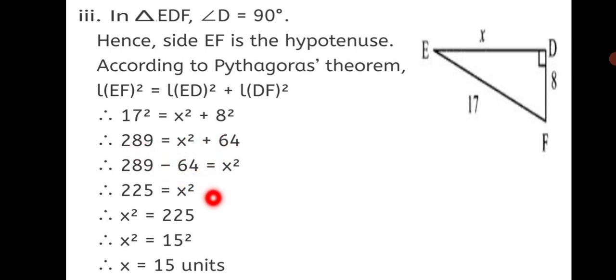That means x square is equal to, after subtracting 64, we get 225. X square is equal to 225. 225 is the square of 15. So we write x square is equal to 15 square. Eliminating the squares, we can write x is equal to 15 units. So this way we have found out the value of x in the third sub question.